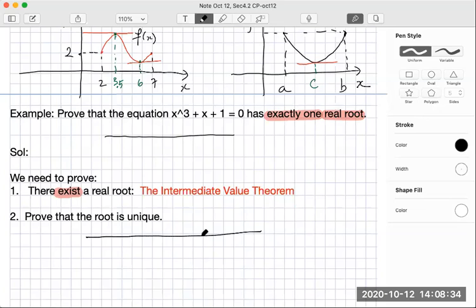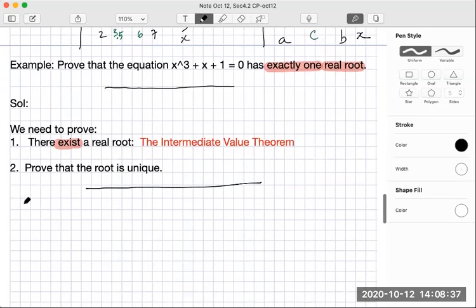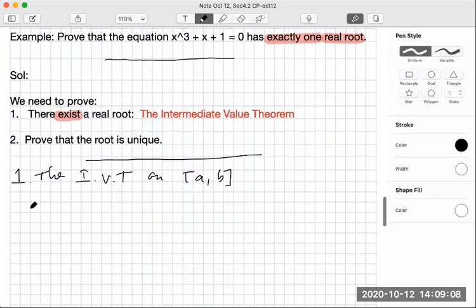Let me remind you about the intermediate value theorem. On an interval A to B, it says that if f is continuous from A to B, and f(A) is different from f(B), there exists a number between them.